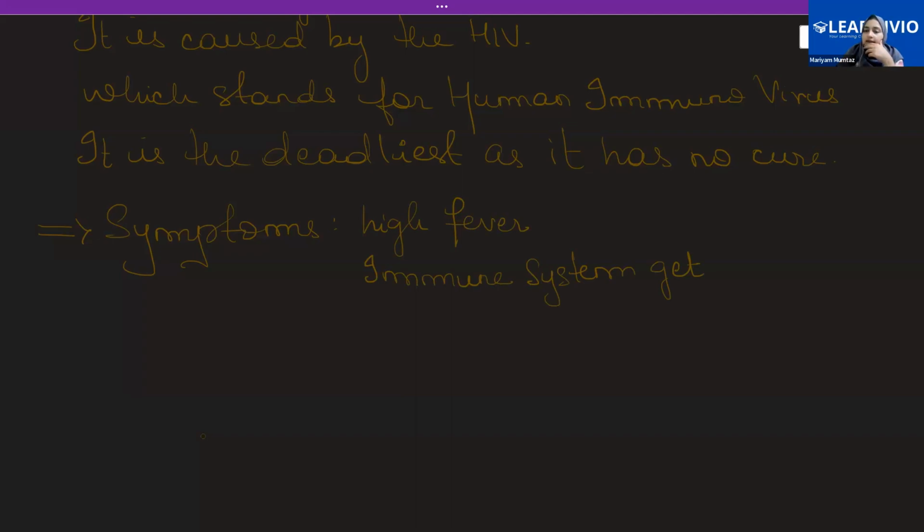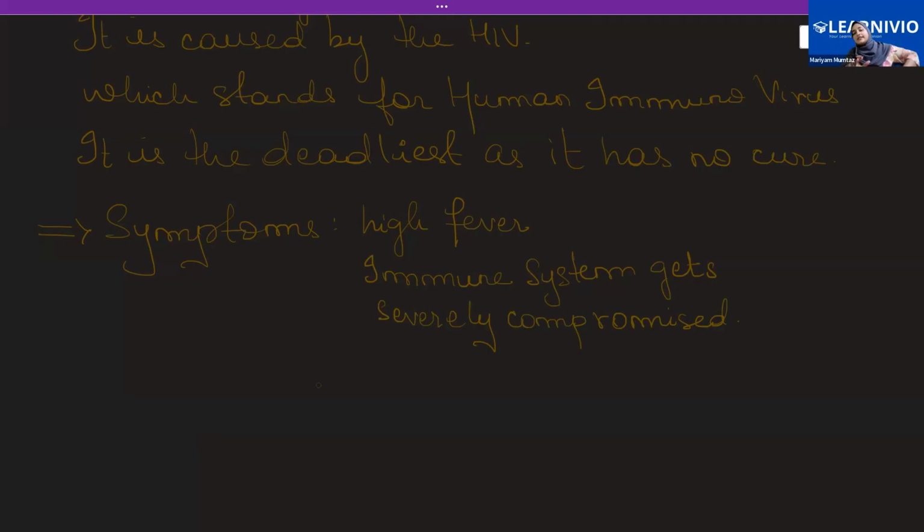Ma'am, when pathogens enter our body, the white blood cells fight with them, so the body heats up. Yeah, exactly. So during this time, the entire body is fighting with the virus, thereby the sustained high fever.